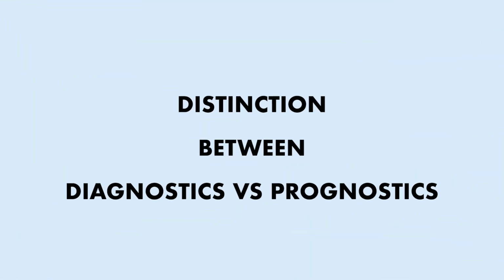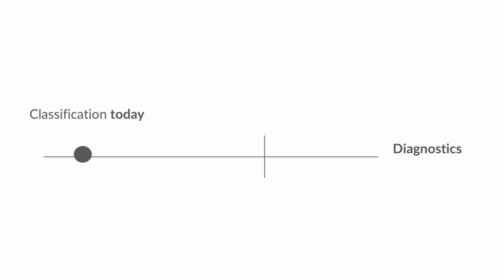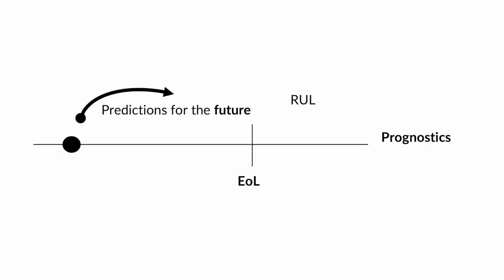So there is this fundamental distinction between diagnostics and prognostics. Diagnostics is to use classification of what is happening today and the causes of degradation, while prognostics is to look into the future and to say, in 10 days there is going to be a failure. And that is prognostics.